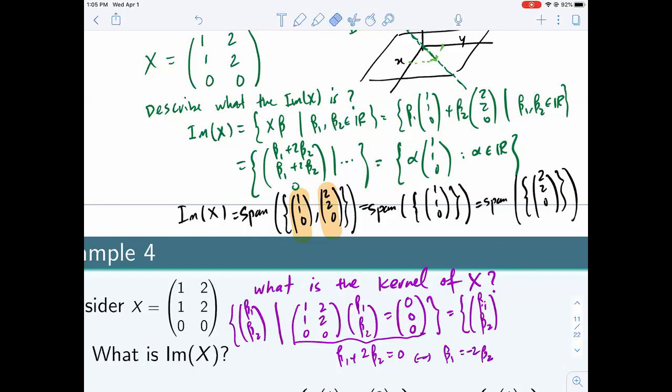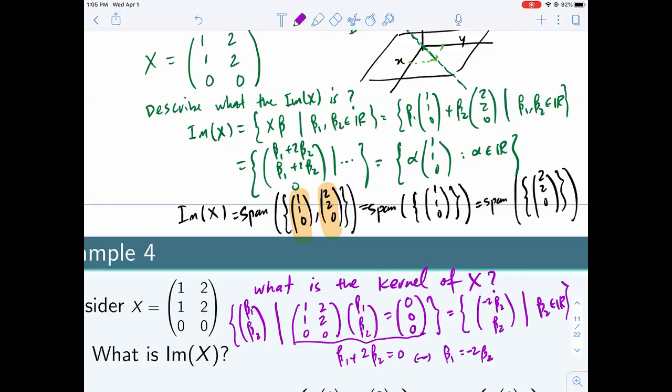And then I can write this as negative 2 beta 2, and then beta 2. Beta 2 can be anything.